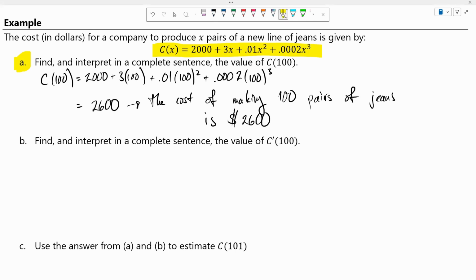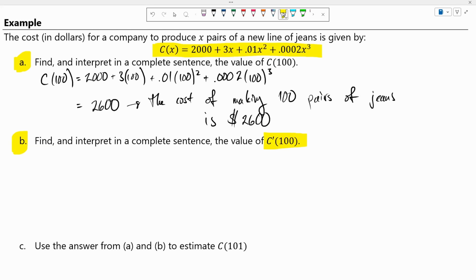Now we're going to be messing around with the calculus. Okay. Find and interpret in complete sentences this thing right here. So in the previous example, if we were given a position function, we were finding the instantaneous rate of change in the position, and we just so happen to call that velocity.